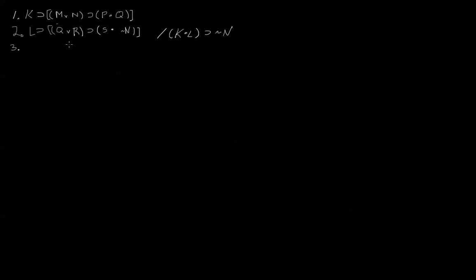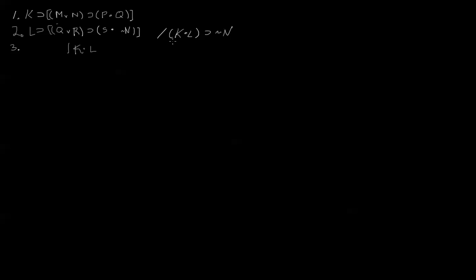So I could start off by assuming K and L. And if I can get to not N, well, that would be easy. That would help me out a lot on this. And so why not? Why not start at that position? So I'm going to start off with K and L. It seems like the automatic place to go.